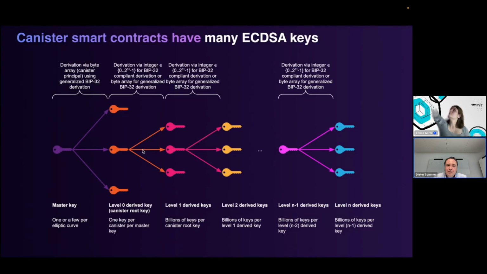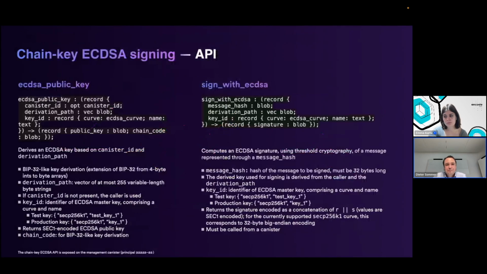The first blob would specify this key and the second one this key, and then we would arrive with the derivation at this key here, and this could be used for an application. With this derivation path, the public key can be obtained, or a signature with the private key can be made. And there are quadrillions of keys per level, so there's no shortage of keys.